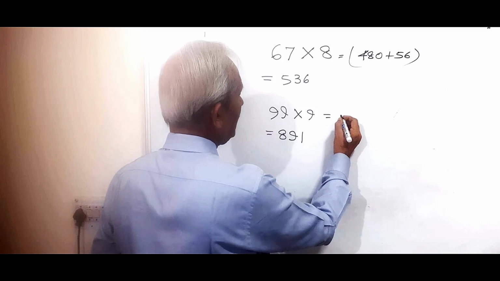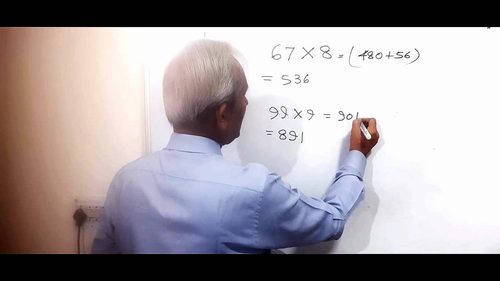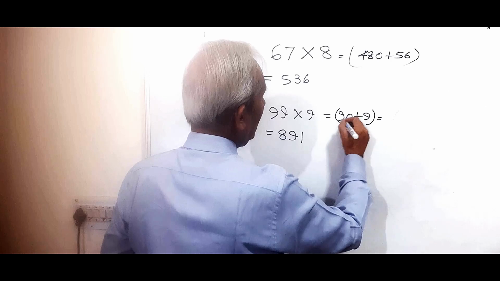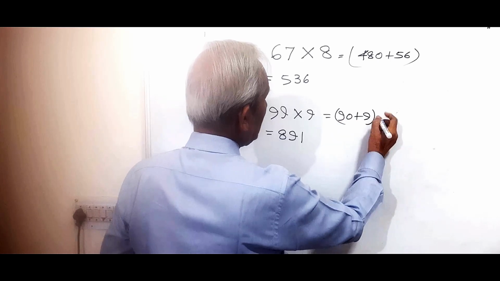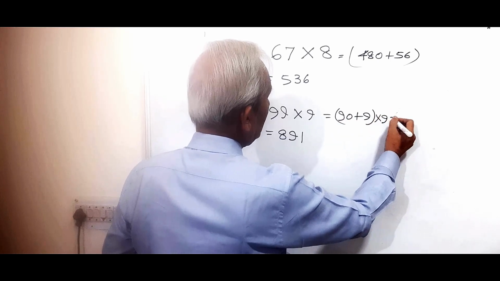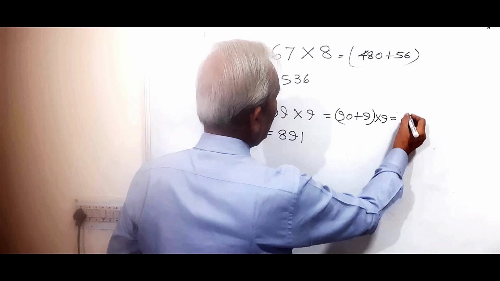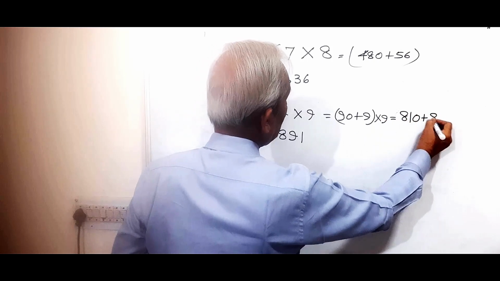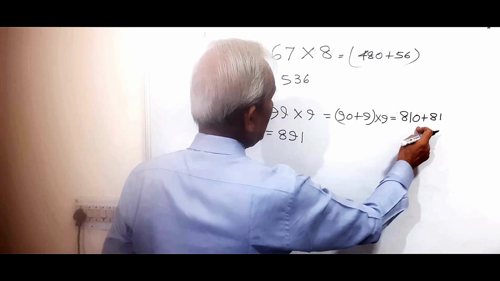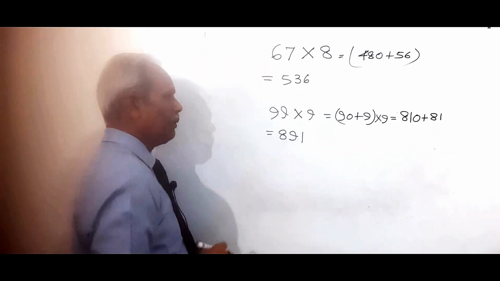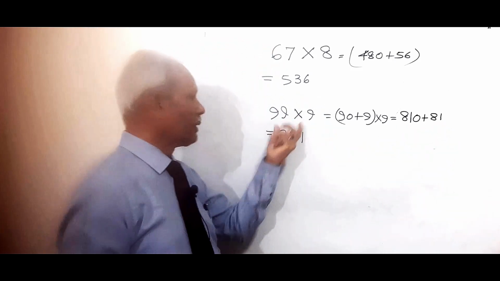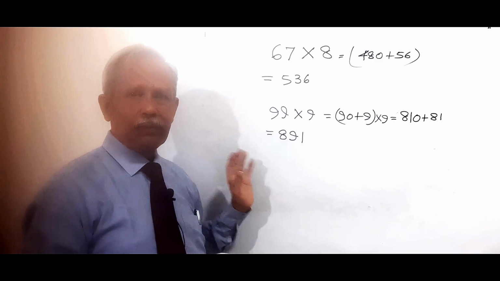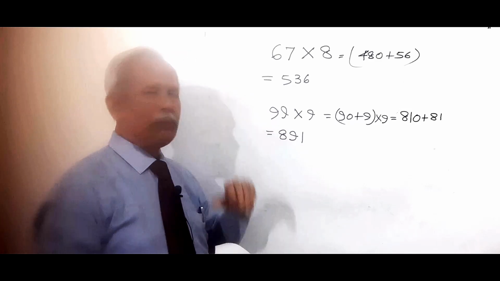This is 90 plus 9 into 9. This is equal to 90 into 9 is 810 plus 9 into 9 is 81, and total is 810 plus 81 is 891. So you can straight away do this multiplication. You can find out the multiplication table of 99.